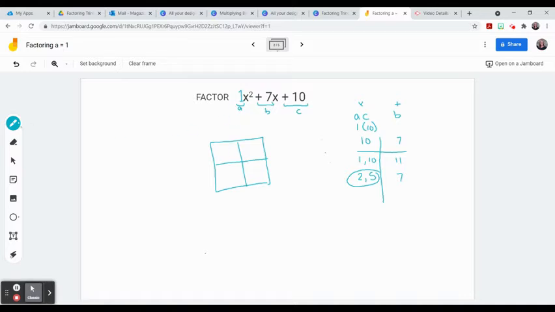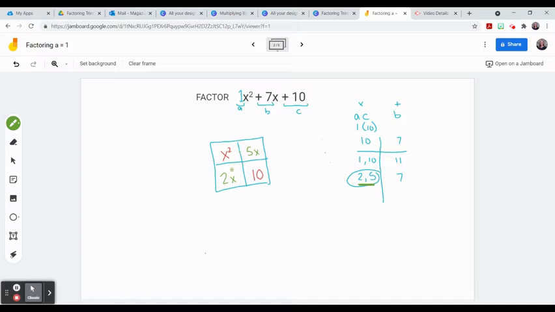So we start by putting in our x squared term, top left. Our constant in the bottom right. And then we found these two wonderful factors over here, and those are going to go into the other corners. So 2x and 5x.